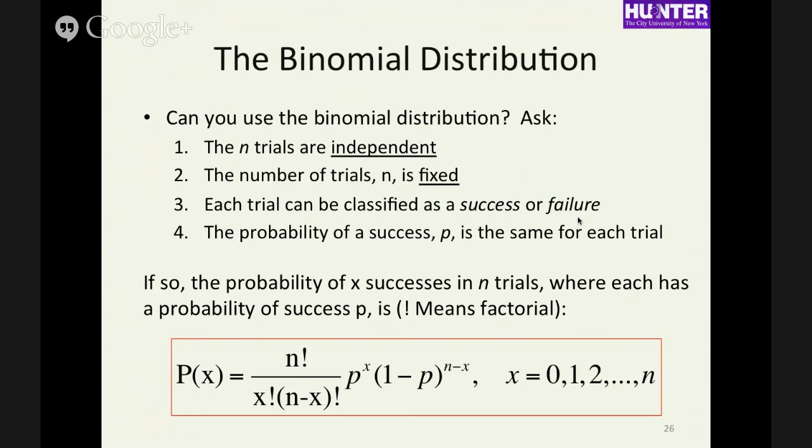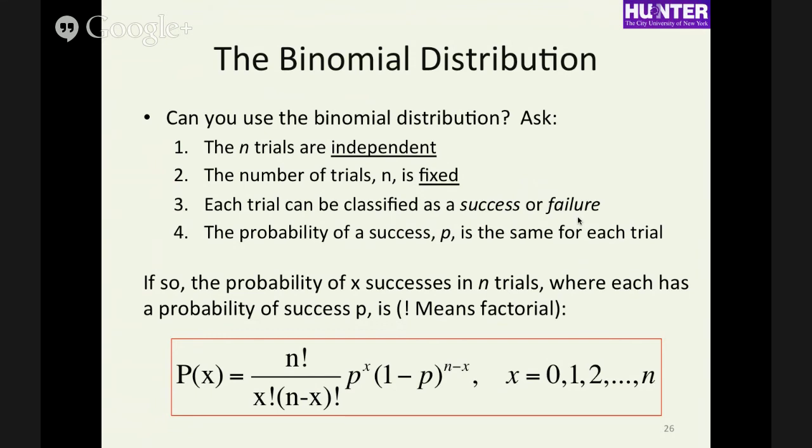And the reason that we do that, even though that language of success and failure doesn't exactly make sense in a lot of cases, is it's just a way of standardizing the language so that when you go to use a formula, you know how to calculate the probability. As long as you decide what the success is and what the failure is, then you can calculate your probability, say, of a certain number of successes.